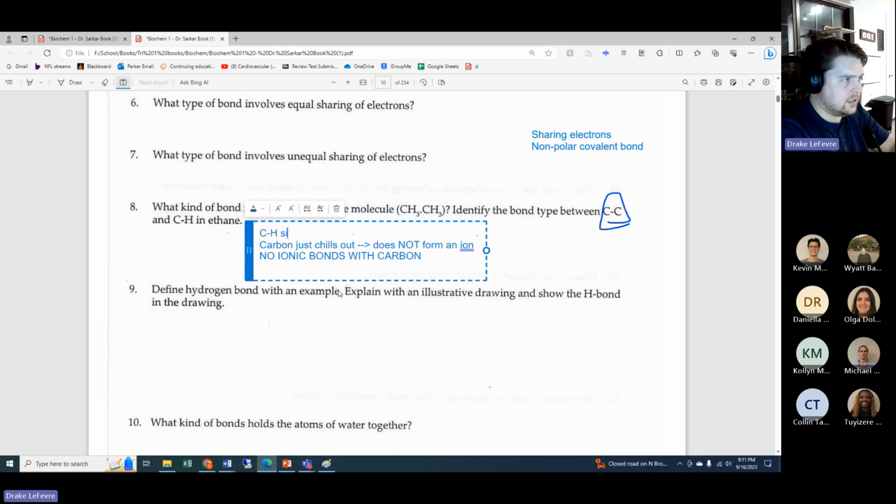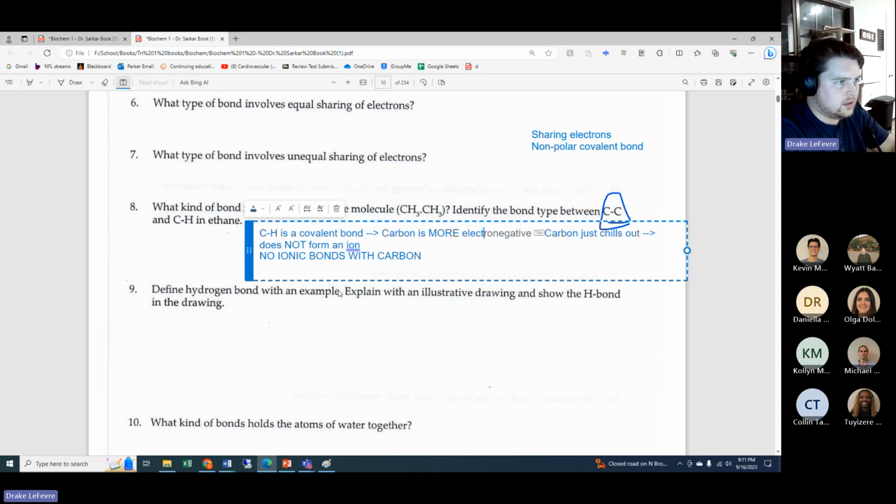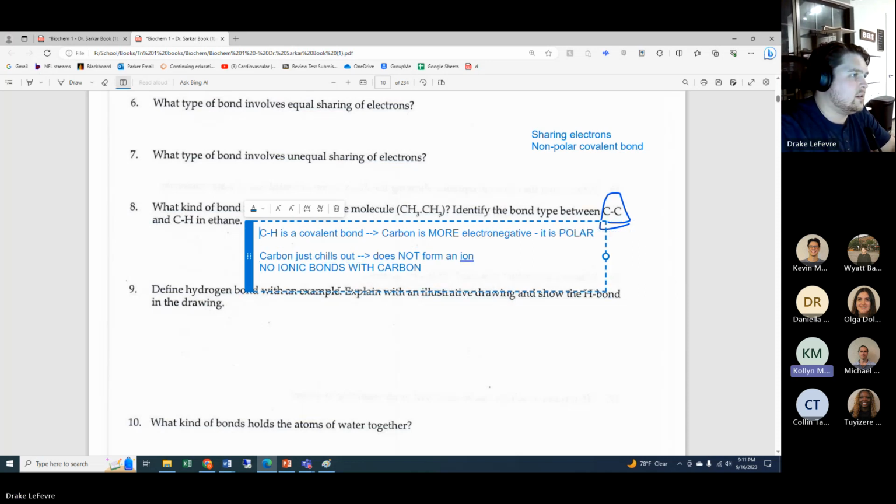So C-H is a covalent bond, and because carbon is more electronegative, it is polar. So C-H is a polar covalent bond.